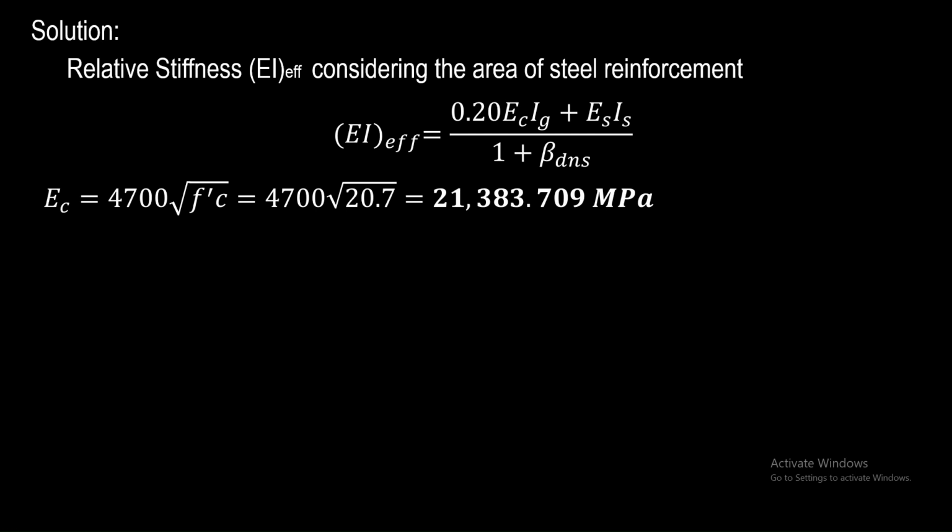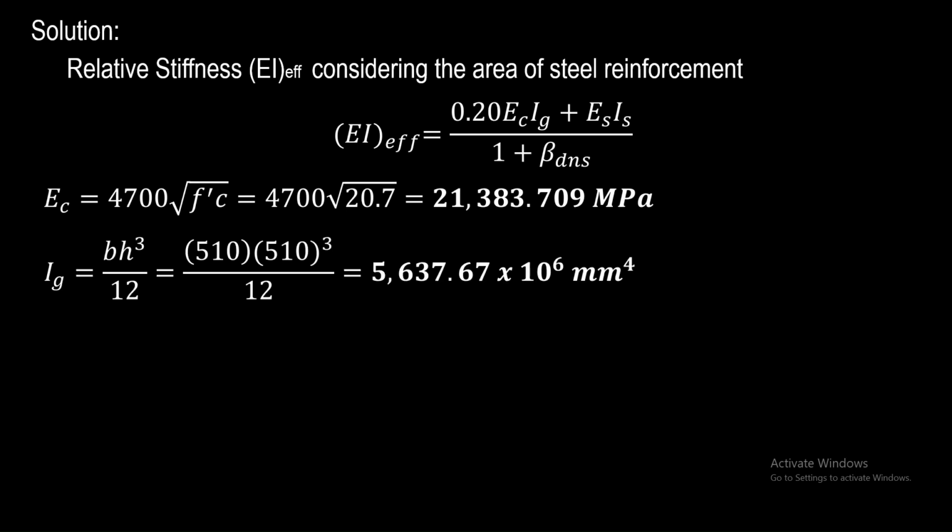We have 4,700 times the square root of f prime c, where f prime c is the specified compressive strength of concrete. After substituting those values, we have 21,383.709 megapascals for the modulus of elasticity of concrete.